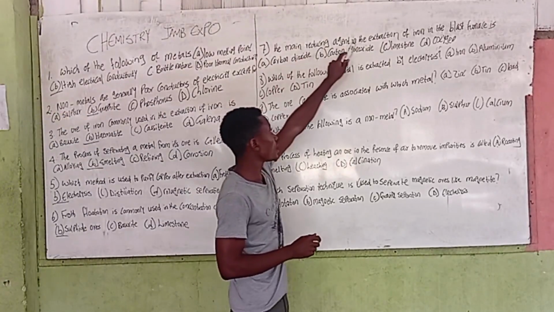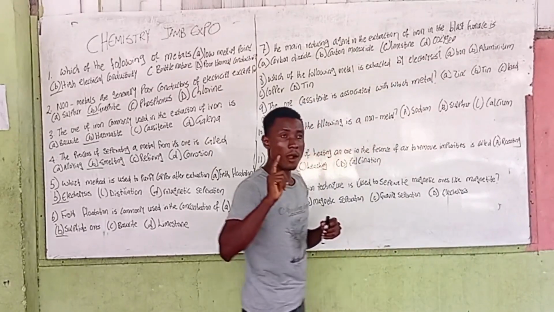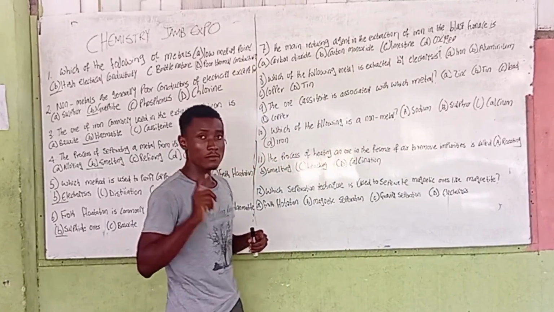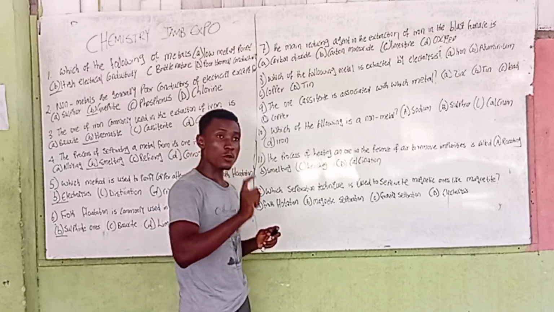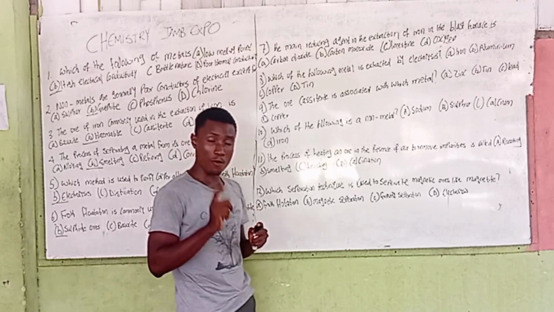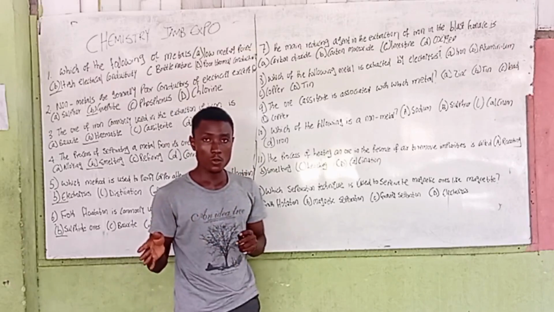Let's move on to the next question, number 7. The main reducing agent in the extraction of iron in the blast furnace. Remember I talked about the blast furnace, and one of the elements I mentioned was carbon. I also talked about air and coke.